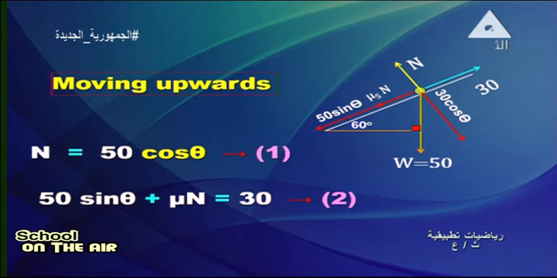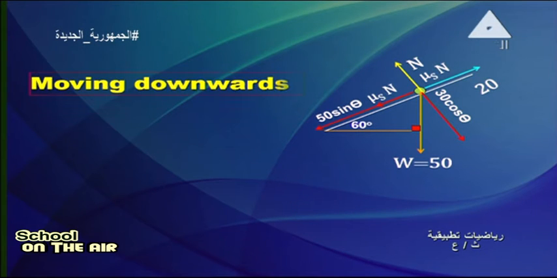Second equation, 50 sine theta plus mu N equals 30. This is equation number 2. When the body is moving downward, we know that mu S N is upward.